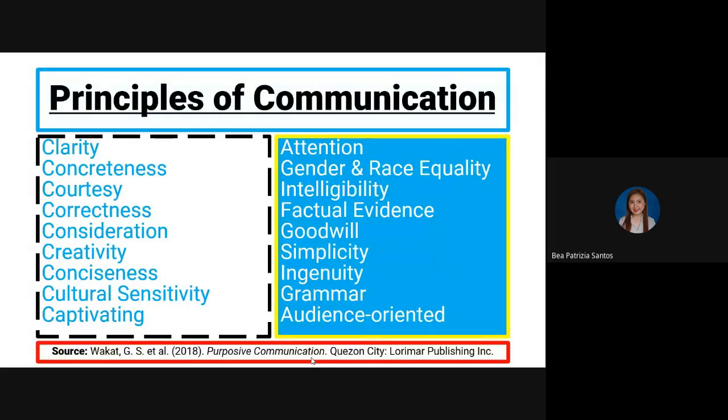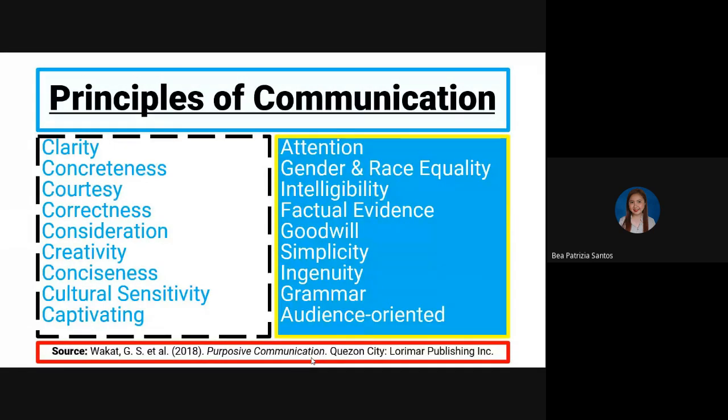Okay, someone got it right. Next, we have concreteness. What is the word on the right that you can associate with concreteness? Concreteness is factual evidence. Correct.